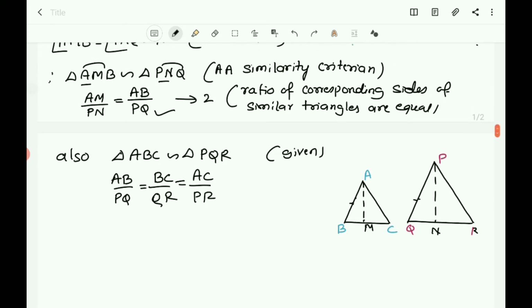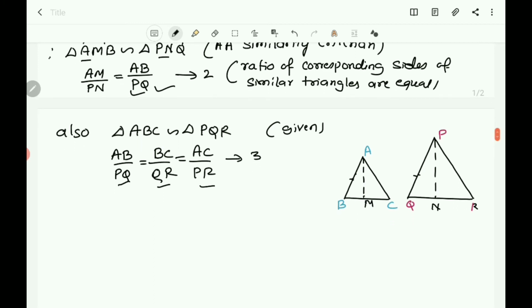Now consider this the third one. Here AB by PQ is equal to BC by QR is equal to AC by PR, and it must also be equal to AM by PN.